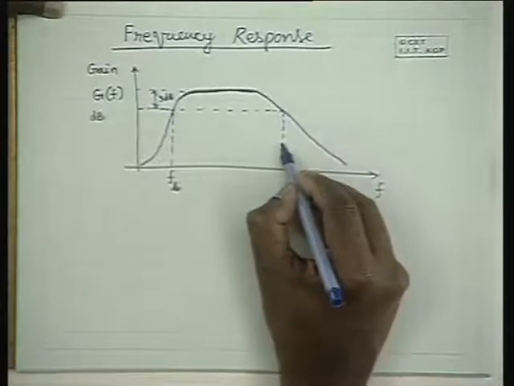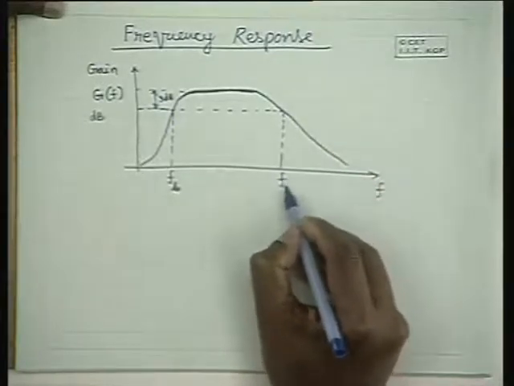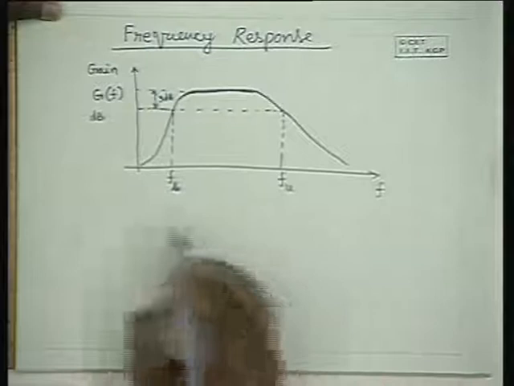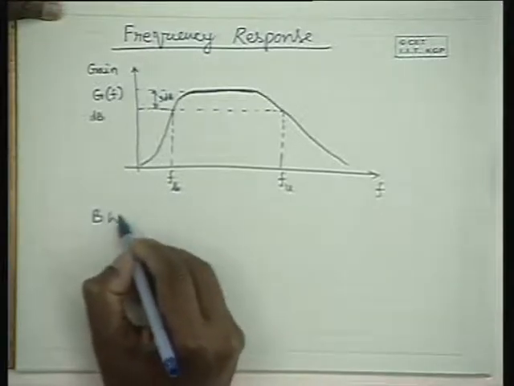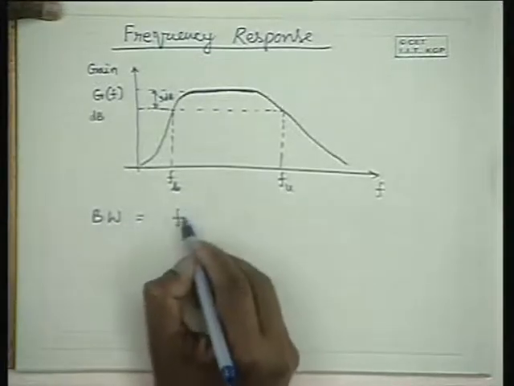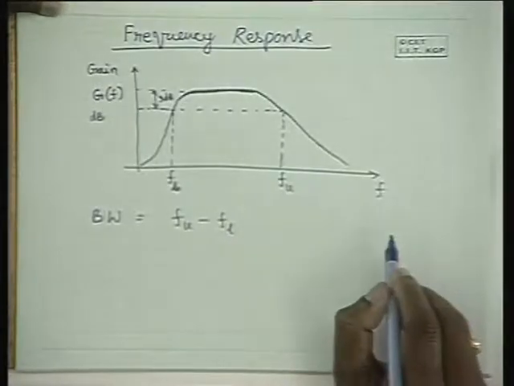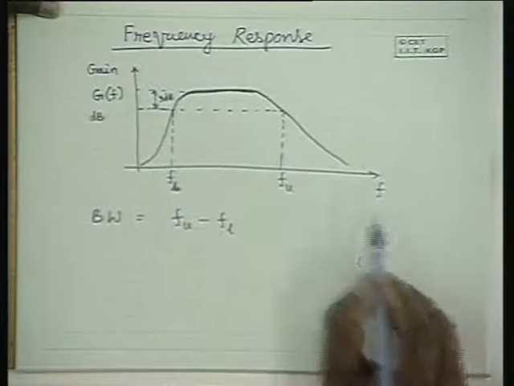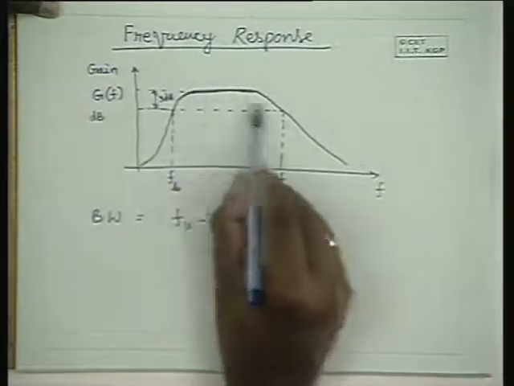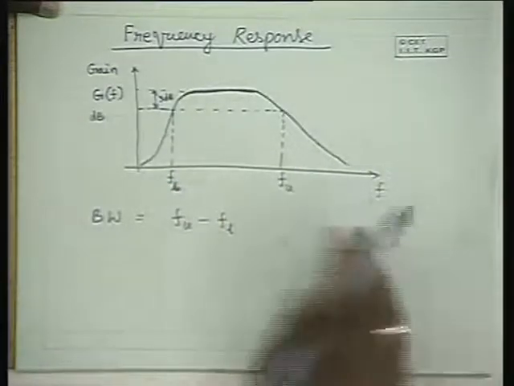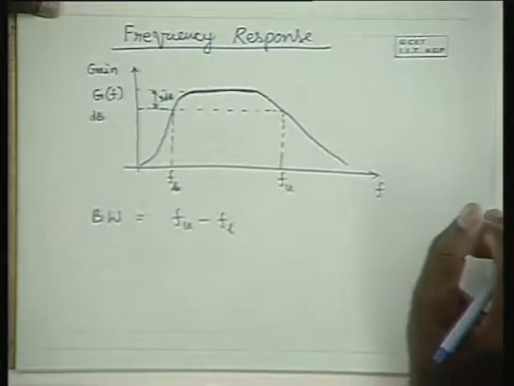On the high frequency side, it is known as the upper cutoff frequency. And the bandwidth of the amplifier is the difference between the upper cutoff frequency and the lower cutoff frequency. This 3 dB bandwidth is one measure of the bandwidth of an amplifier.